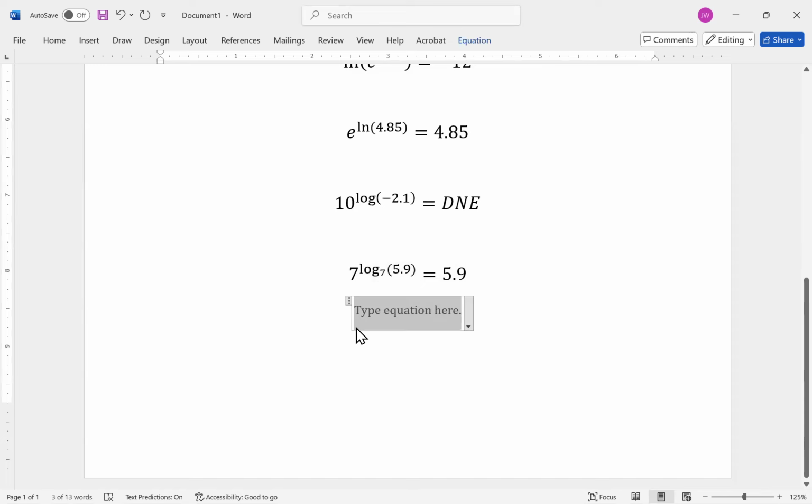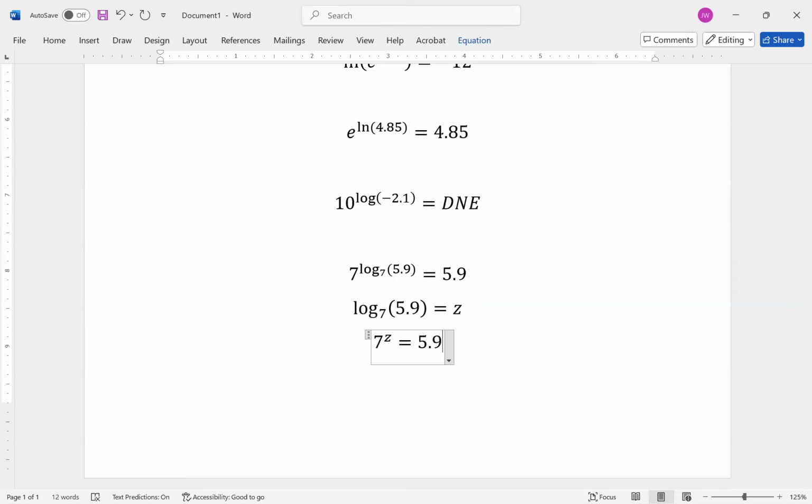The reason this works is if I take log base 7 of 5.9, let's set that equal to a numerical value, which I'll just call z. Using the rules of exponents, that means that 7 to the z power is equal to 5.9.